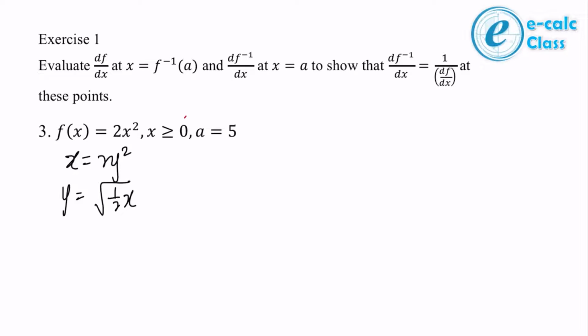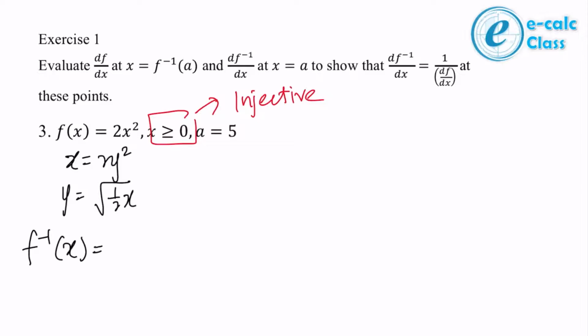Why? Because the question actually restricts the domain so that it is injective and it has an inverse function. Okay, so f inverse, but I don't like to write it like this. Later when you want to differentiate, you better write it like this. It's easier for you to differentiate later.